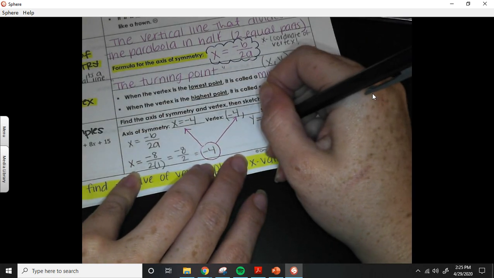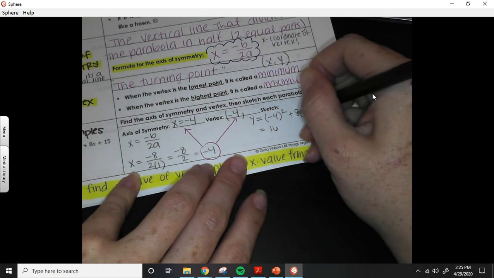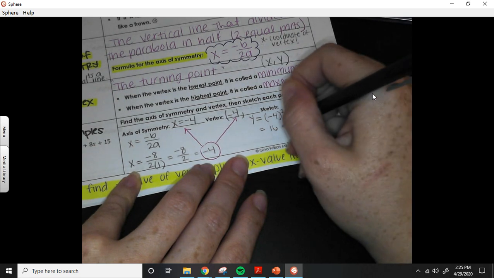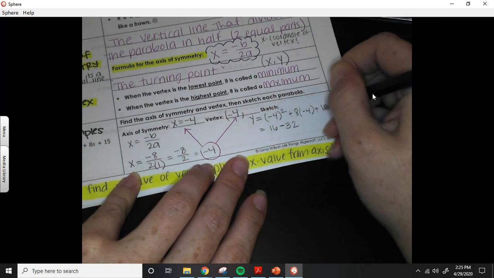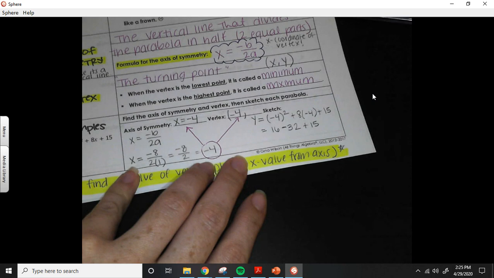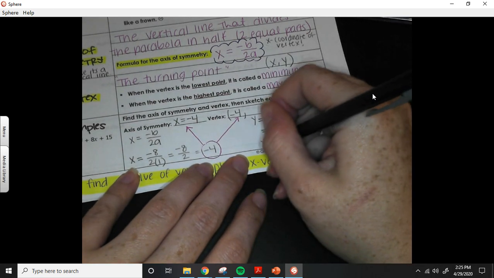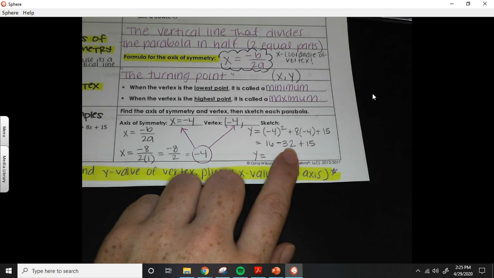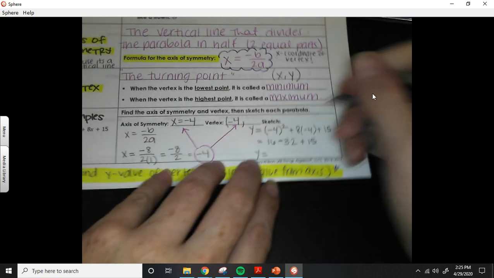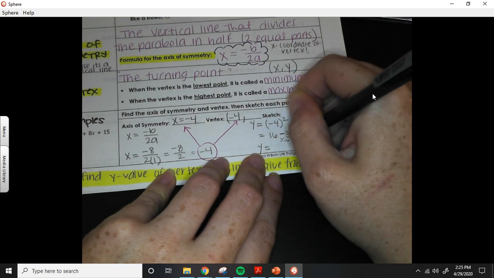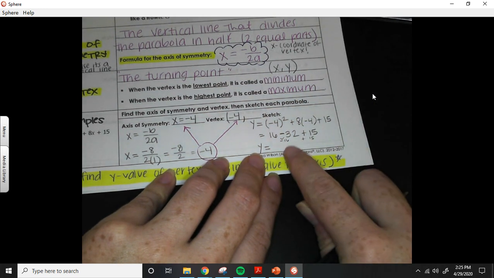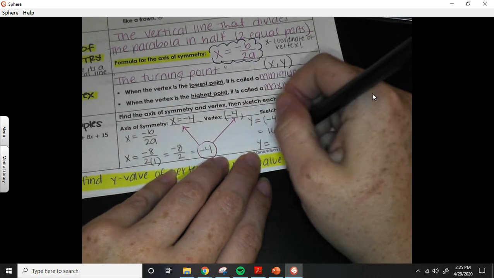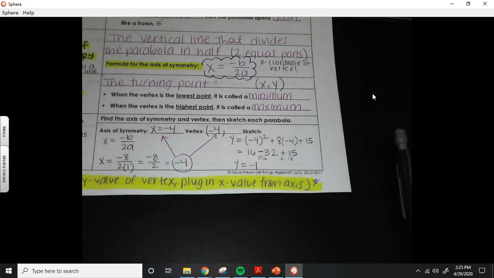So negative 4 squared we know is 16, plus 8 times negative 4 is really minus 32, and then plus 15. Okay, so y is going to equal, well, 16 minus 32, this becomes negative 16. Negative 16 plus 15 is negative 1.